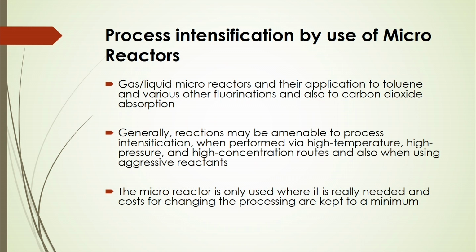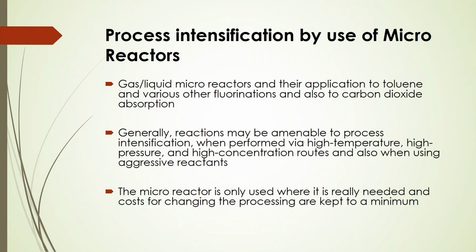Now, if we consider gas liquid microreactors, they can be applied, as an example, to toluene and various other fluorination reactions and also to carbon dioxide absorption. These types of reactions generally happen in a channel where you can enhance the mass transfer and yields of the reactions.